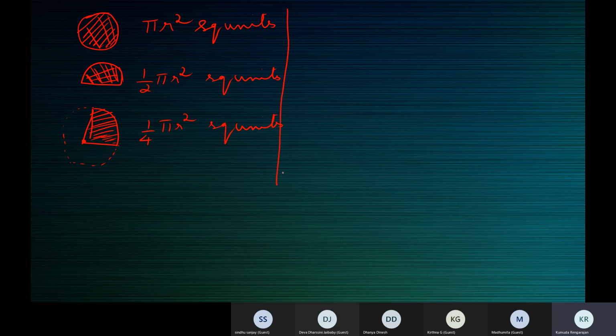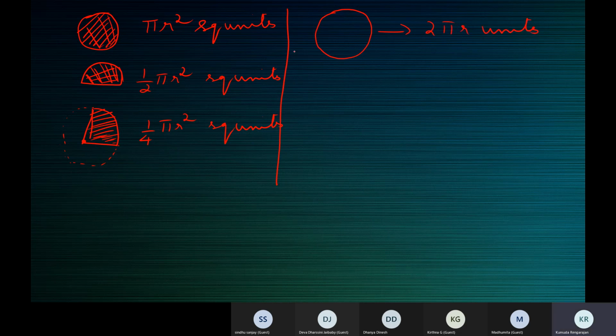Now coming to perimeter and circumference. For circumference, we are talking only about the length of this ring. The length of this ring is 2 pi r units.